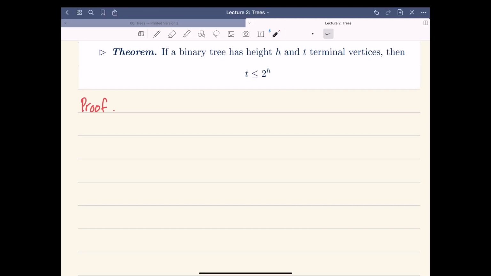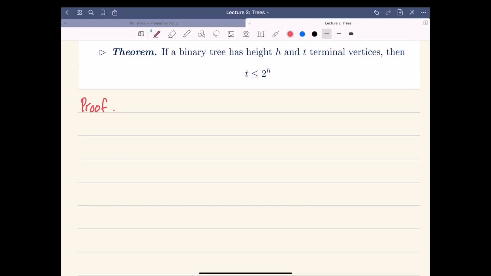Now if we have an M-ary tree, the question is, when are we going to have the maximum number of vertices? We will have the maximum number of vertices if it is complete, so that every internal vertex has M children and all leaves are at the same level.